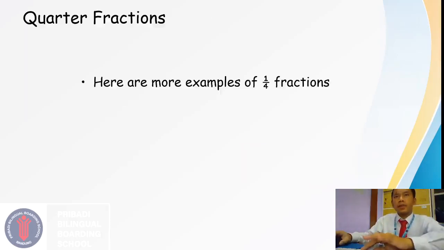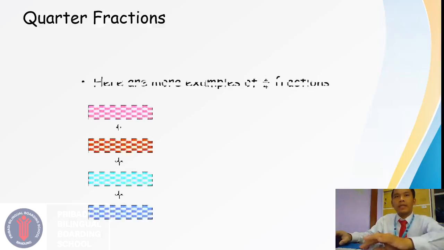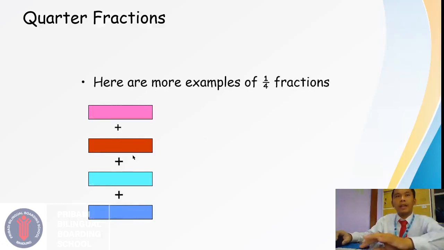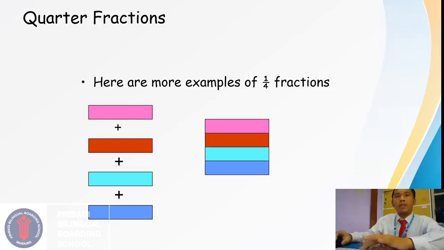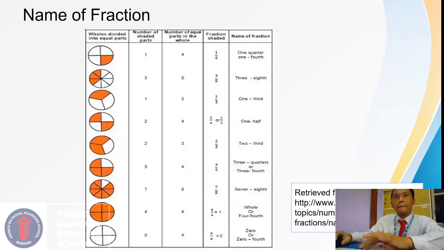Here are more examples of quarter fractions. If we join these colors together, it becomes one object. Here are the names of fractions. We can see the first column: the whole divided into equal parts.